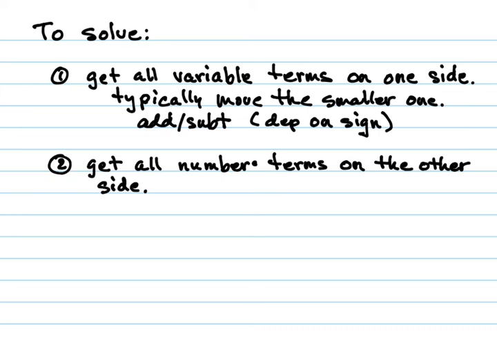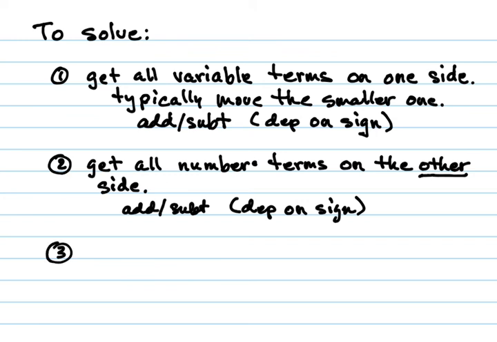So if your variable terms move to the right, then your number terms have to go to the left. You don't get a choice. So always move them to the other side, away from your variable terms. You're still going to accomplish this by adding and subtracting. Again, what you do is going to depend on the sign. If they're positive, you'll subtract. If they're negative, you'll add.